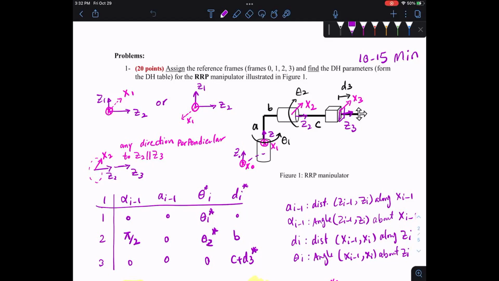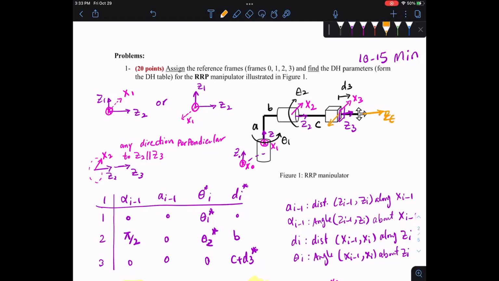It's the same case. I can pick X in any direction. I will usually pick it with respect to the previous one, because when you're calculating, you have less things in your table. But again, if you want X3 to be here, fine, because this is your Z4, ZE.